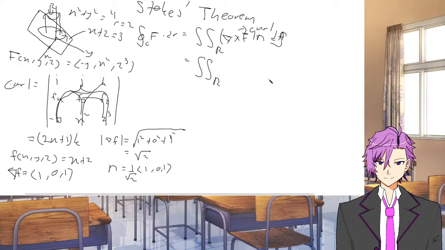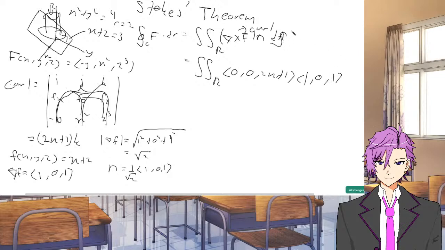Now what we need to do is the curl of this, (0, 0, 2x plus 1), and then the normal (1, 0, 1).